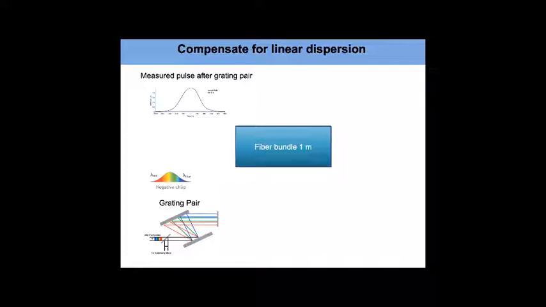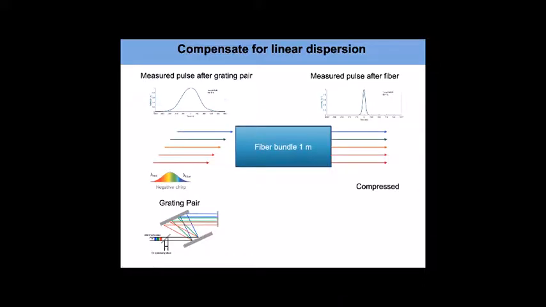So you can put this grating pair in to pre-compensate the dispersion of the glass in your fiber. You send a negatively chirped pulse into your fiber, and then you'll get out a fully compressed or transform limited pulse.